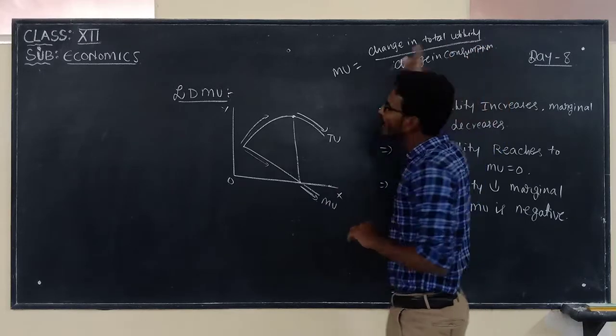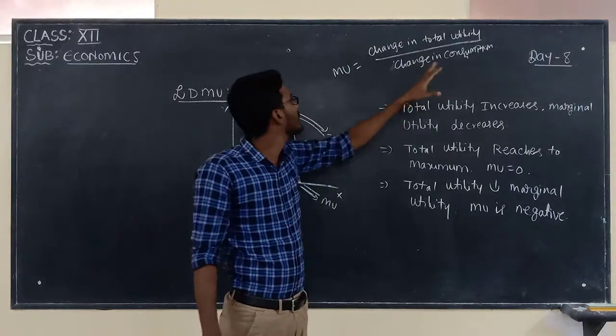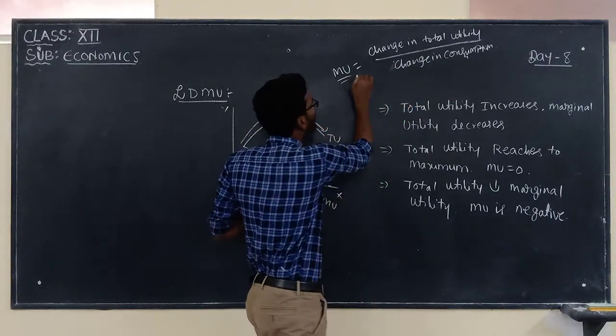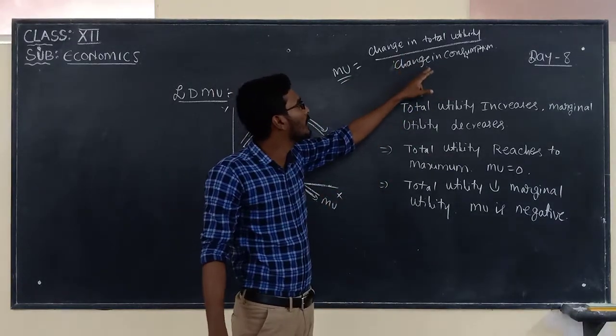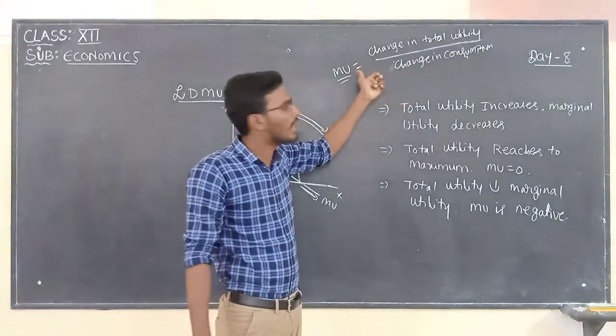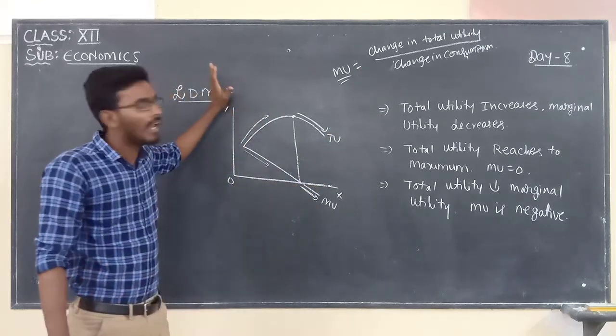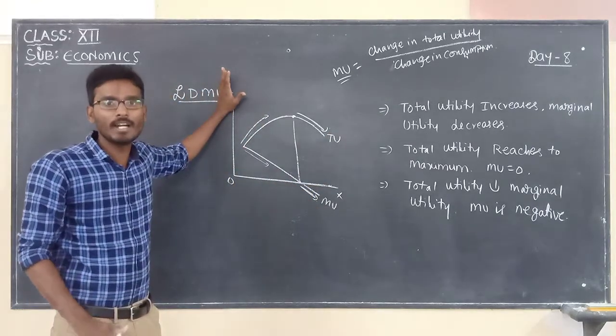The rate of change in total utility by the rate of change in consumption, that is known as marginal utility. This is the concept we studied in the law of diminishing marginal utility.